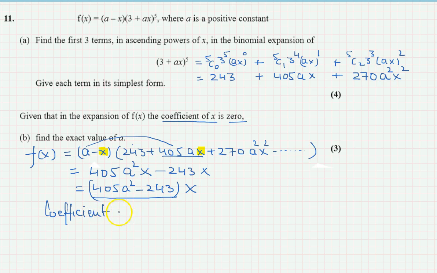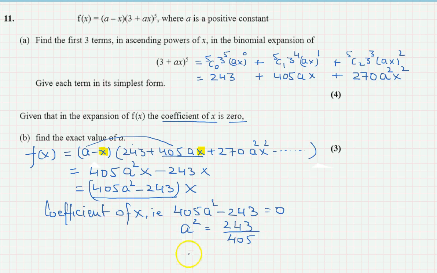So it says the coefficient of x, that is 405 a square minus 243, is 0. So a square is equal to 243, go that side, divided by 405. So a will be the exact value. We have to find the exact value. So that is 243 over 405.